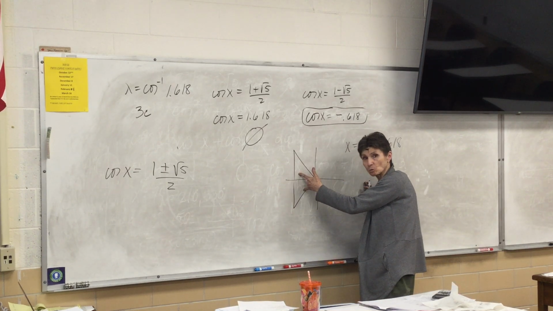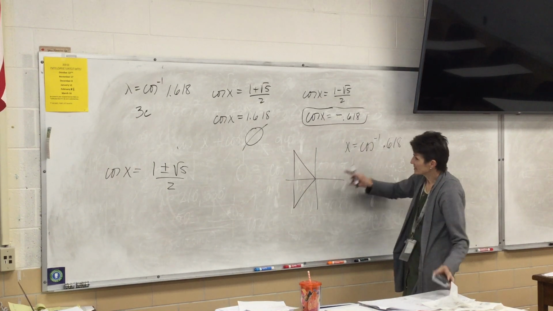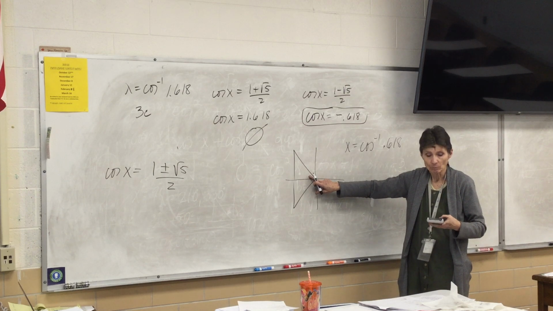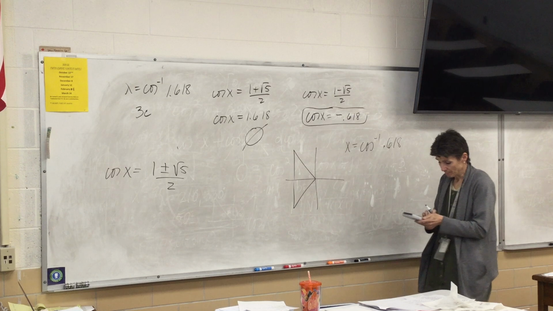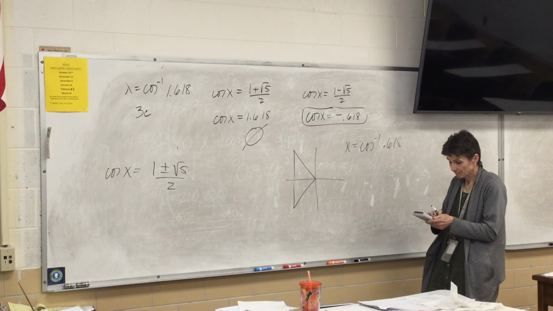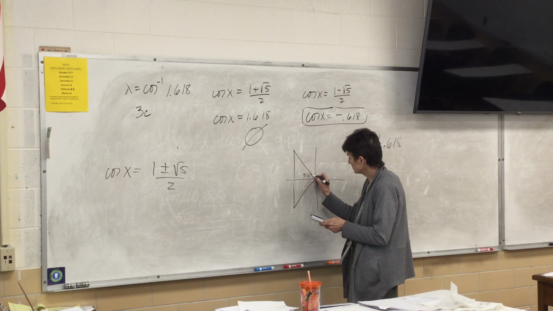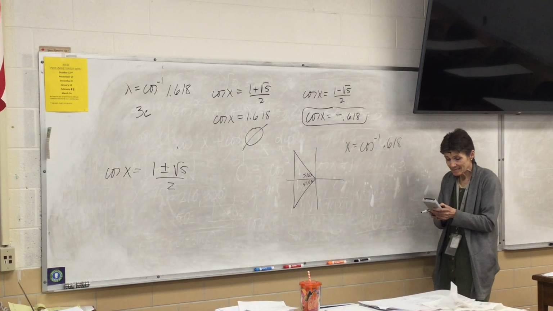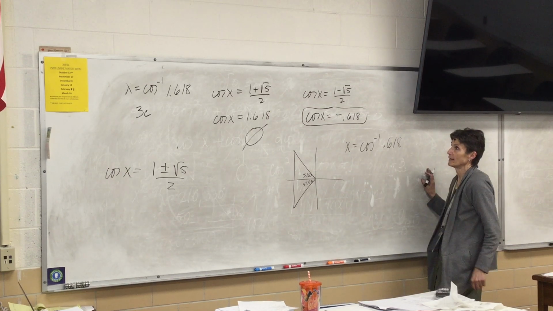I put it in these quadrants. Negative's done. I need to know the size of that angle right there. And I don't want a negative angle. I want a little tiny angle there. So second cosine 0.618 gives me 51.83. That is the angle that has a cosine of 0.618.